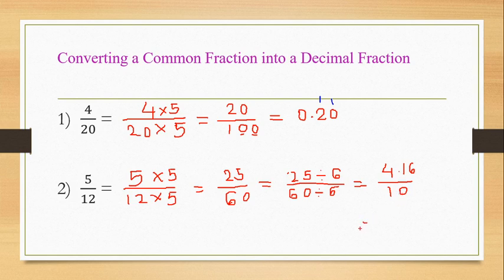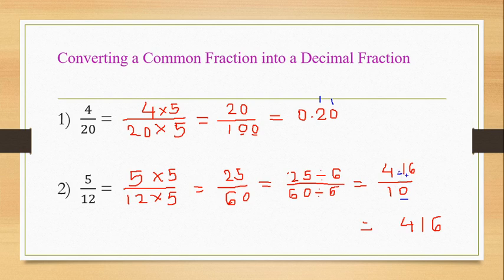So the answer appears, we will write 416 as the same. How many zeros do we have here? We have one 0 here, so we will go one place to the back. Now children, pay attention. There is a decimal point already present here, 4.16.